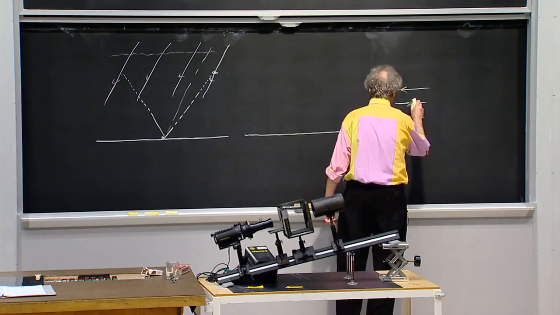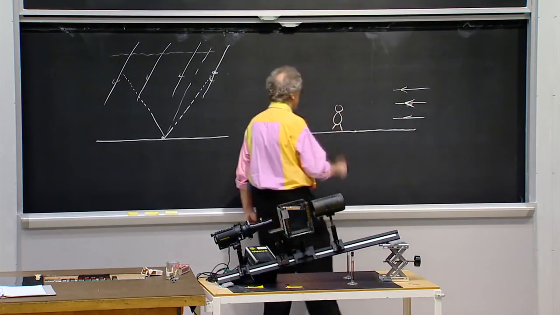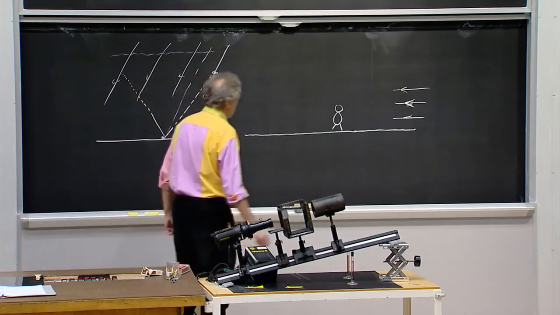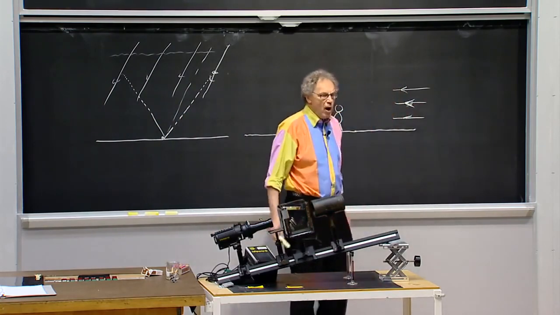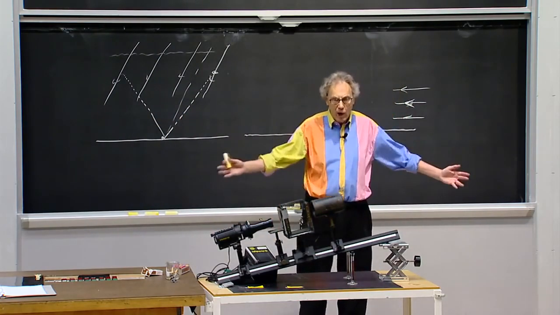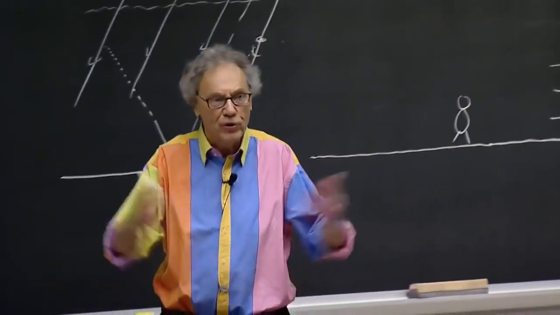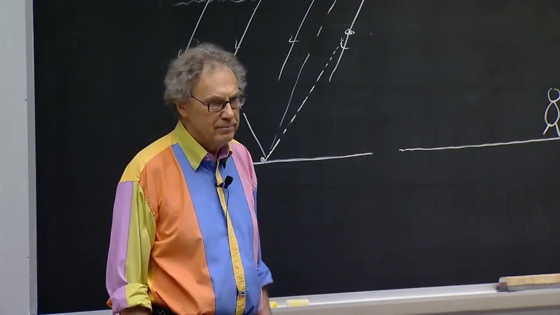So the sun is there, and the light comes from this side, and you are standing here. This is not to scale. This layer of atmosphere is now so enormously large that more than 99% of all the sunlight on the way to you is scattered away.